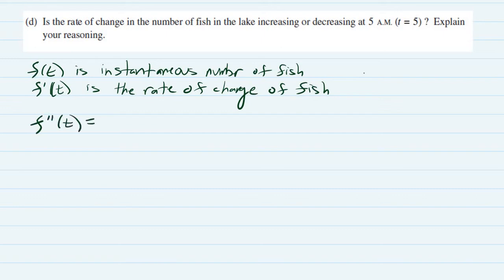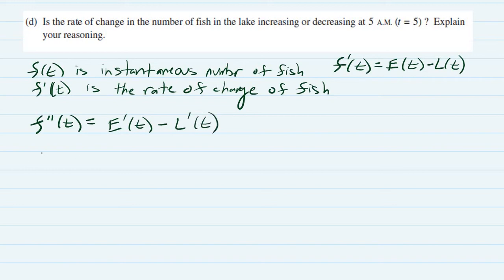Well, f prime of t from the previous problem was really just e of t minus L of t. So that means the second derivative would be e prime of t minus L prime of t.